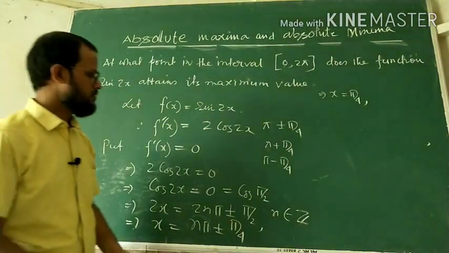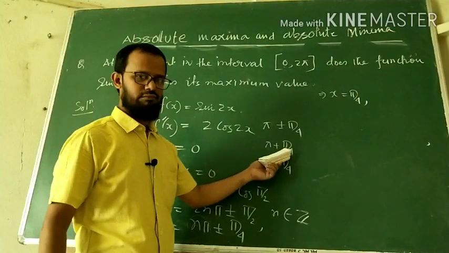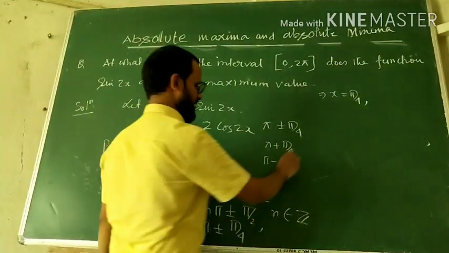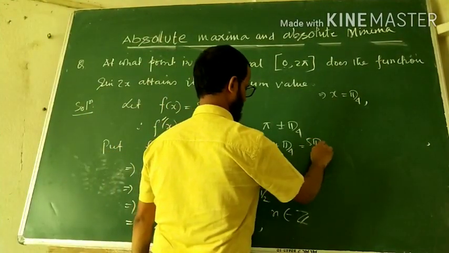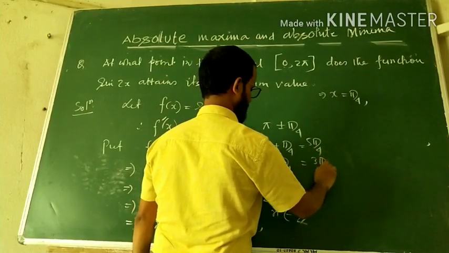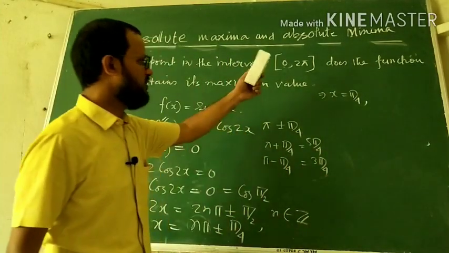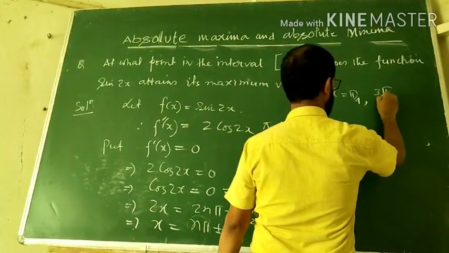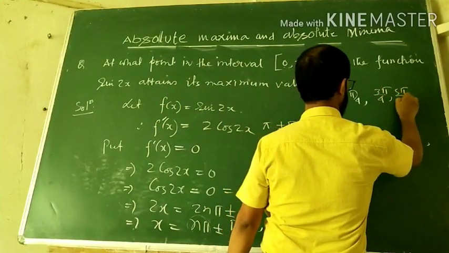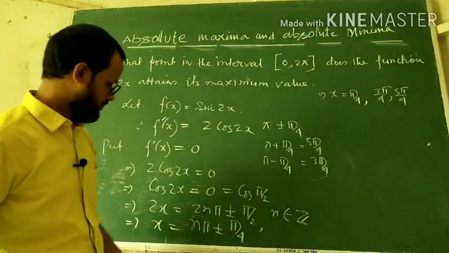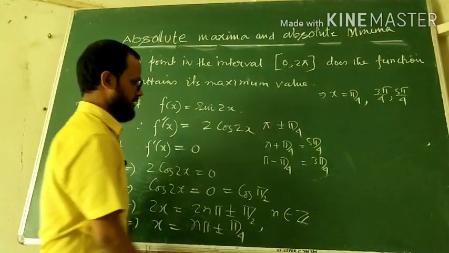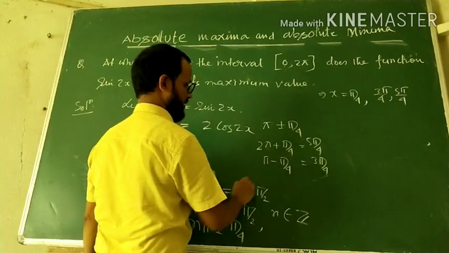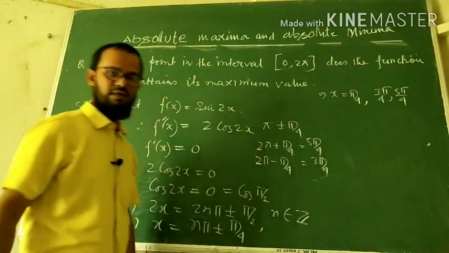Okay. Now see, pi plus pi by 4 is obviously equal to 5 pi by 4, and pi minus pi by 4 is 3 pi by 4. Okay, both are within this interval. So you can take 3 pi by 4 and 5 pi by 4. Okay. Now putting n equal to 2, what do you get? 2 pi plus pi by 4, 2 pi minus pi by 4.